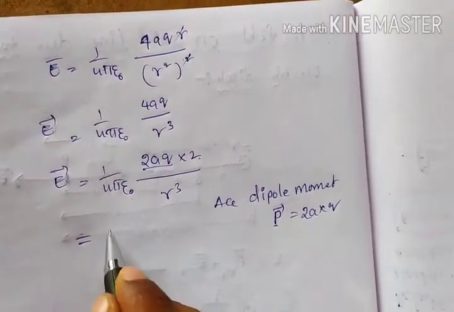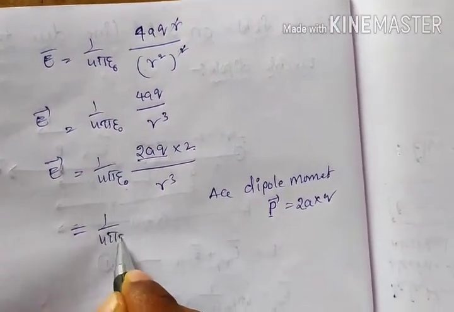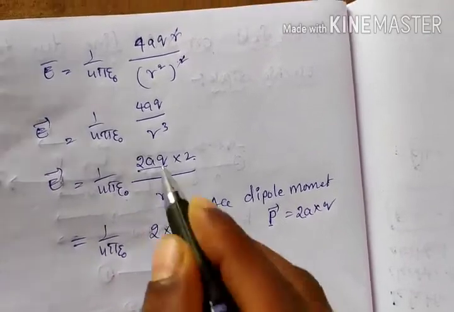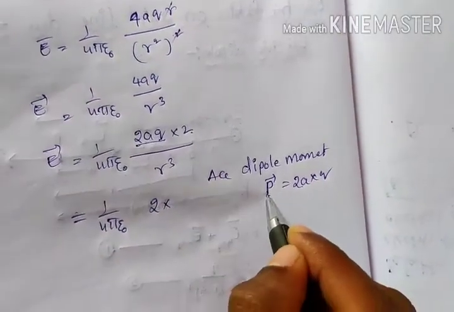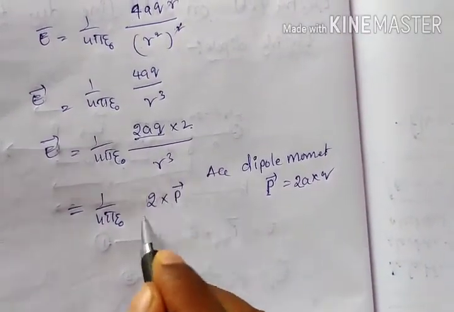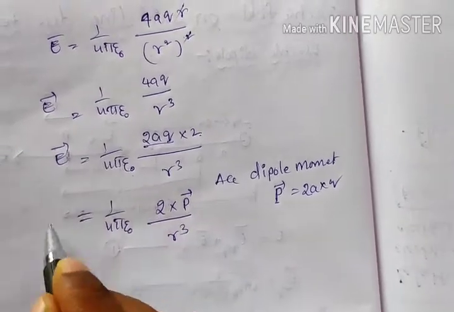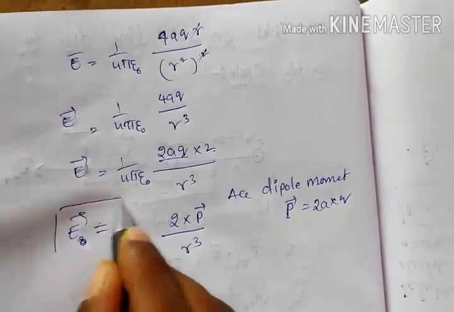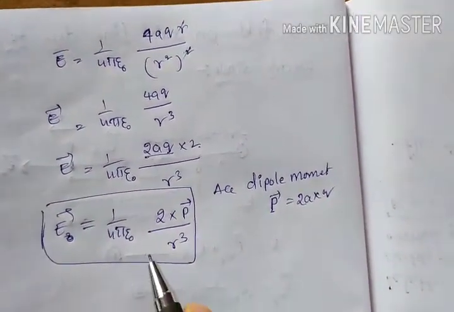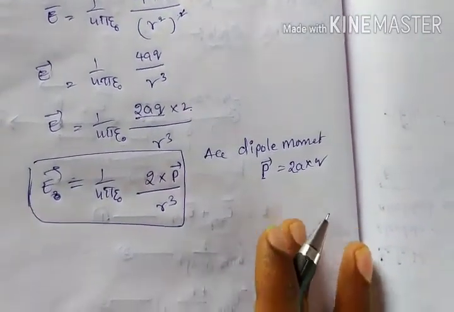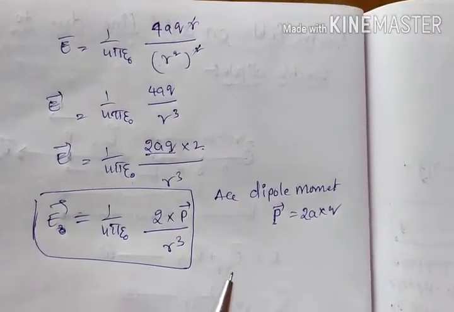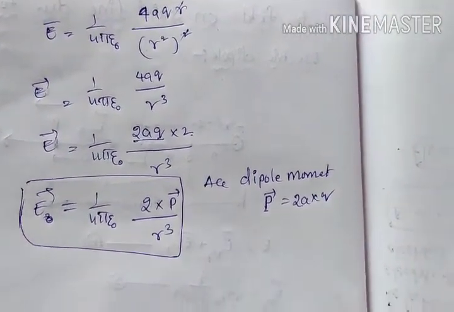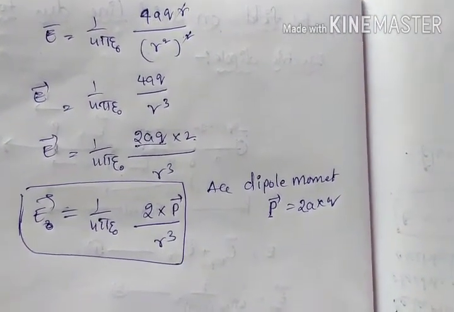So 2 will come, 1 by 4 pi epsilon naught, 2 into 2aq, I am substituting p bar value, p bar by r cube. This is the electric field intensity due to dipole on axial line. Okay, this is very important for IPE purpose, very important for objective also. Okay, thank you.